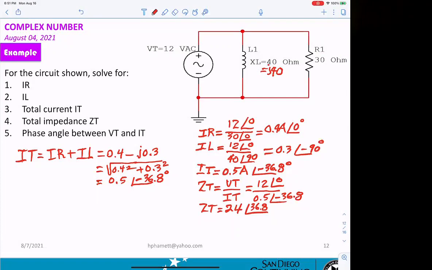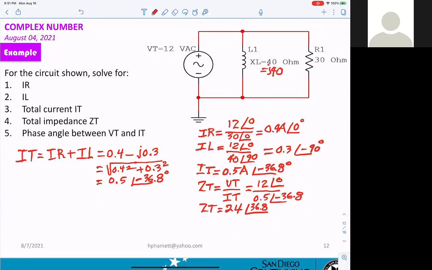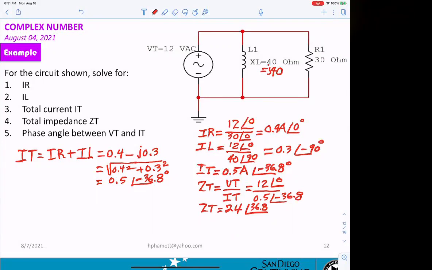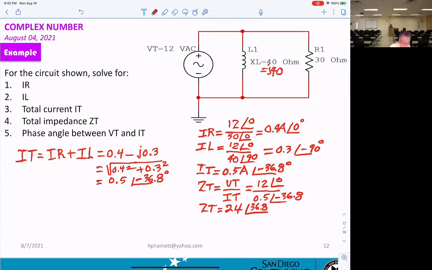Mr. Pham, I have a question. In the formula where IT equals IR plus IL, you said 0.4 minus J0.3. If it's an inductor, how come we got minus J? IL is 0.3 at minus 90 degrees, and if you change it into polar, that means minus J0.3.